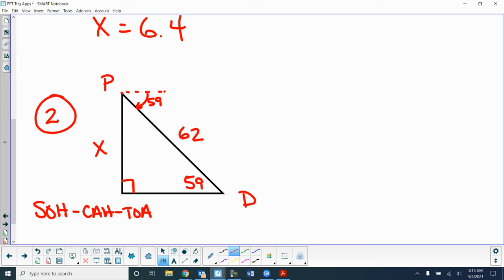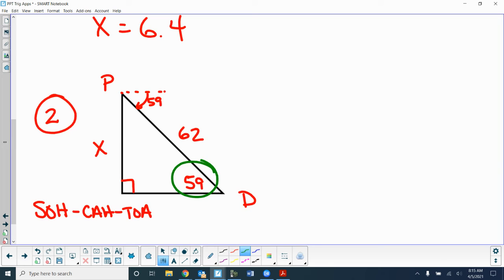So that still should give you the same answer. Okay? But I'll do SOHCAHTOA. Now I've got this as my reference angle, this 59. So the X is which side? Opposite, adjacent, or hypotenuse? Opposite, right? And the 62 is the what? Hypotenuse.